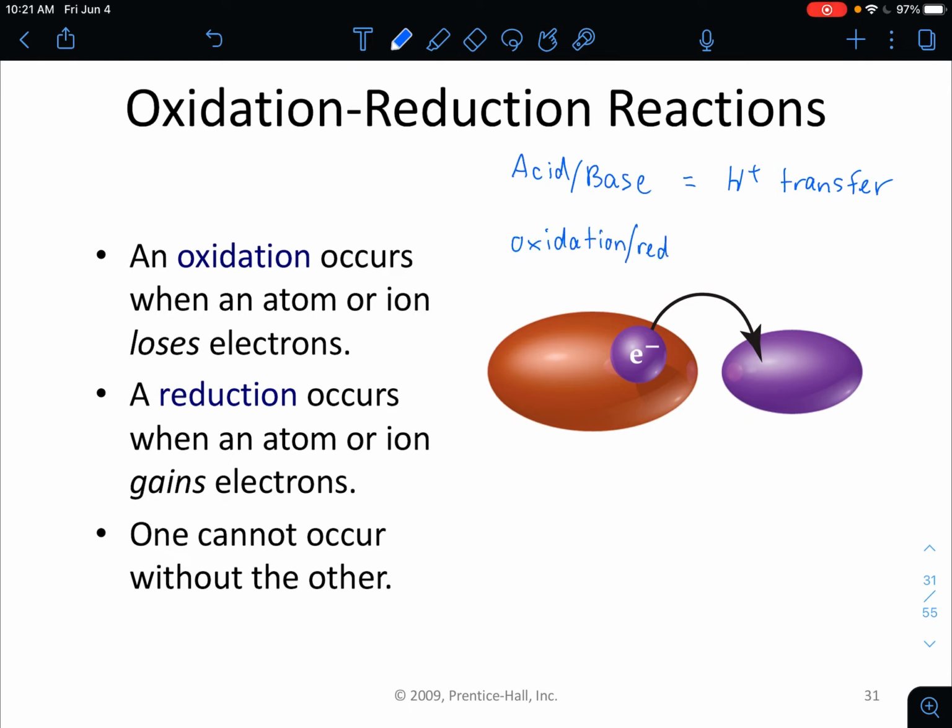And with that idea in mind, that's why we say one cannot occur without the other, because oxidation is producing the electrons and reduction is consuming the electrons. And that's what that little schematic is showing, the transfer of electrons from one species to another.